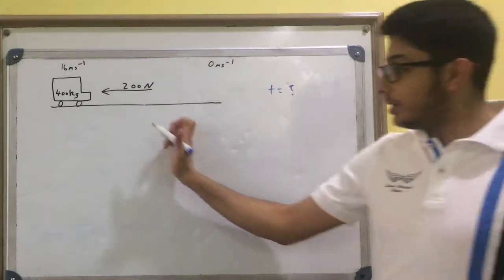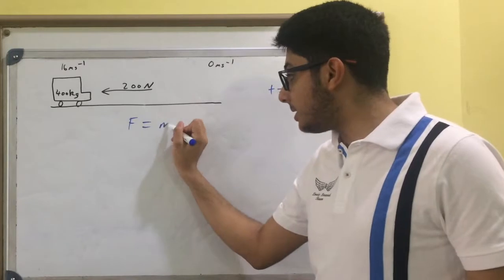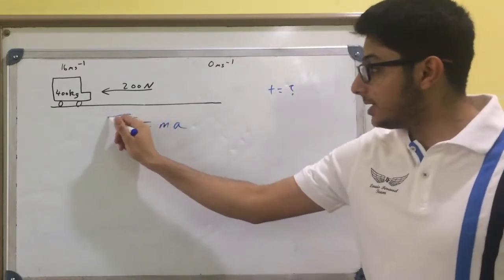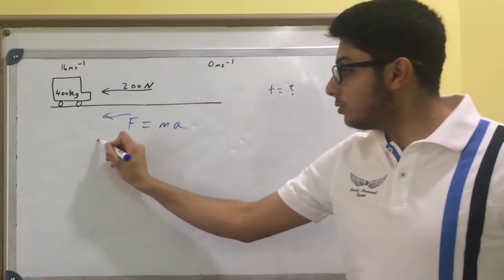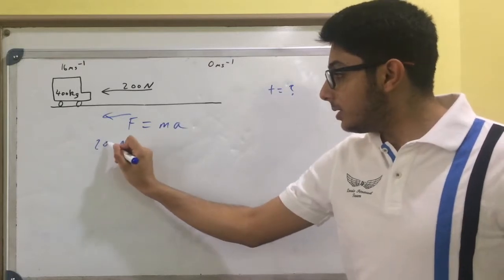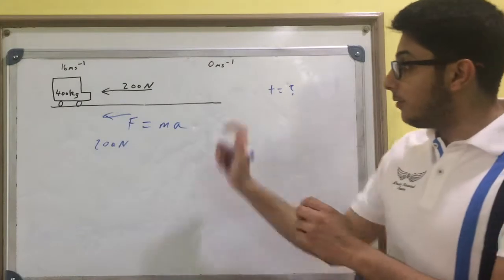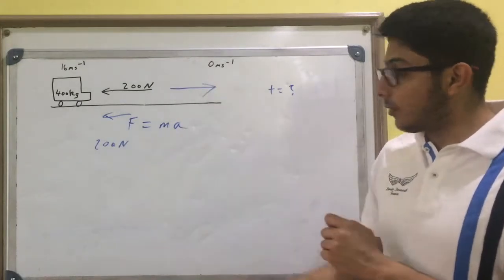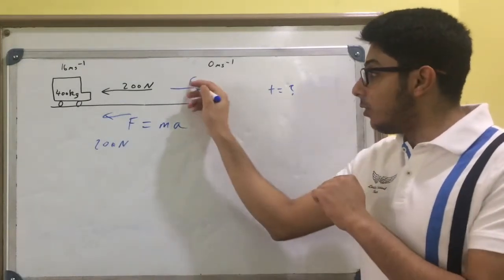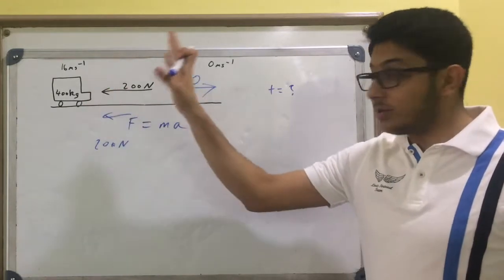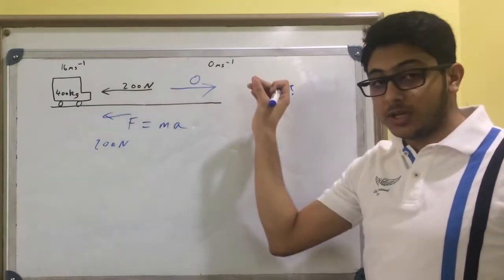First of all, let's use force is mass times acceleration. Let's take the forces in this direction. So 200 newtons is a force pushing it in that direction. What about the forces going in this direction? 0, because its engine is cut off, so there is no longer a force pushing it in this direction.